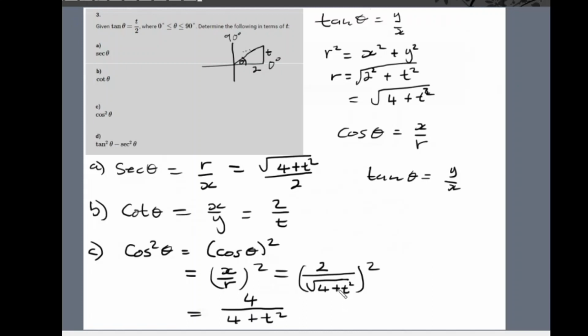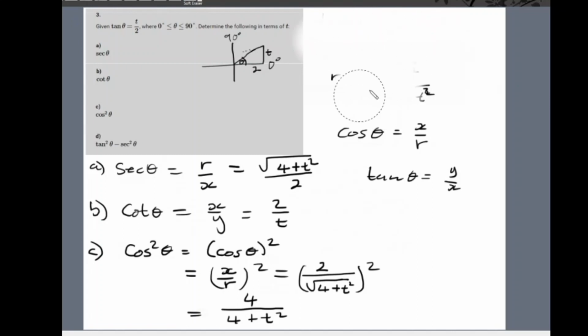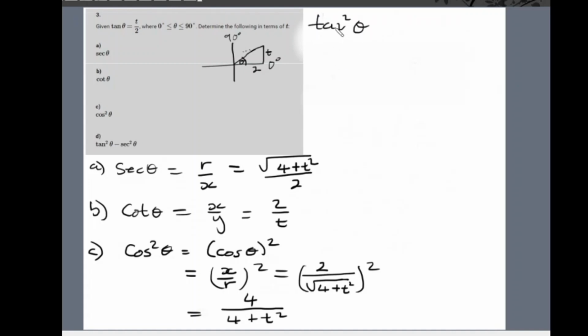And then now we move on to question D. In question D, we are to calculate tan squared theta minus sec squared theta. We know this is saying tan theta all to the power 2 minus sec theta all to the power 2.